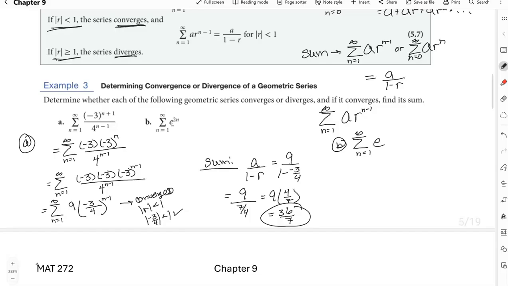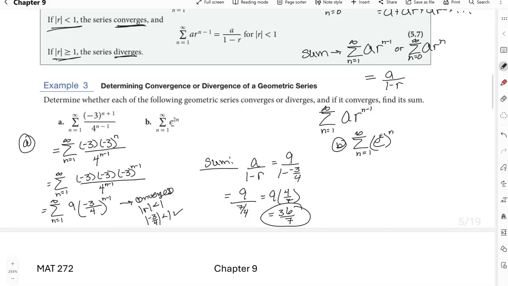I'm going to think about it as, let's try e squared to the n. When we have a power to a power, we multiply the power. So that's the same thing as that 2n.